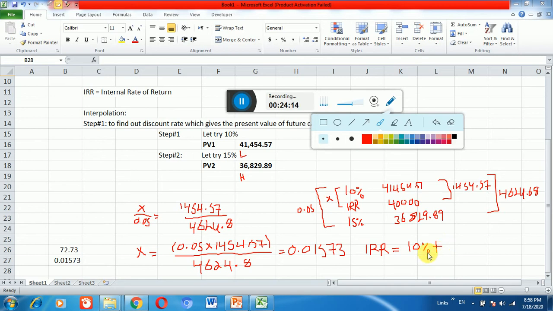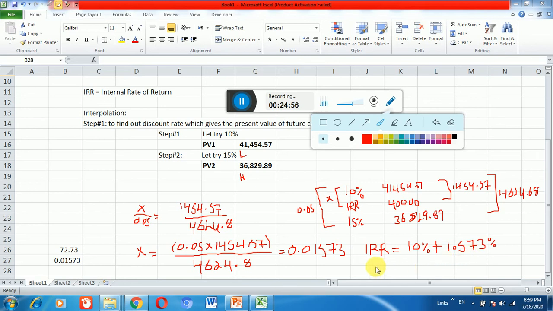How much is x? The x value is 0.01573, or if you multiply it by 100 and convert it into percent, it is equal to 1.573%.